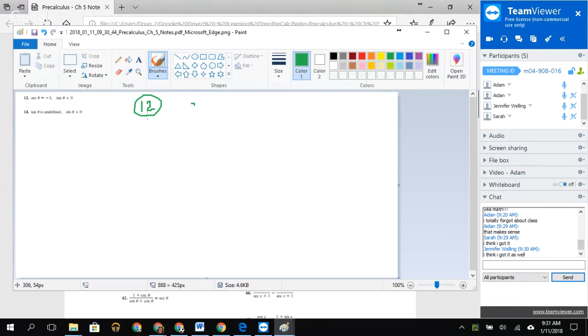So we have the secant of theta equals -3, and I'm just going to put -3 over 1 just to help us out a little bit. And then we have that the tangent of theta is less than 0.